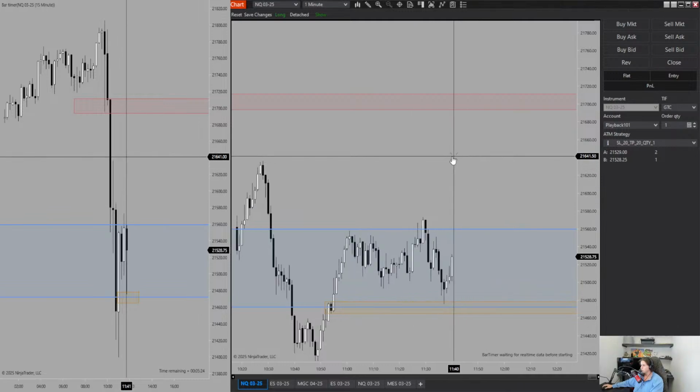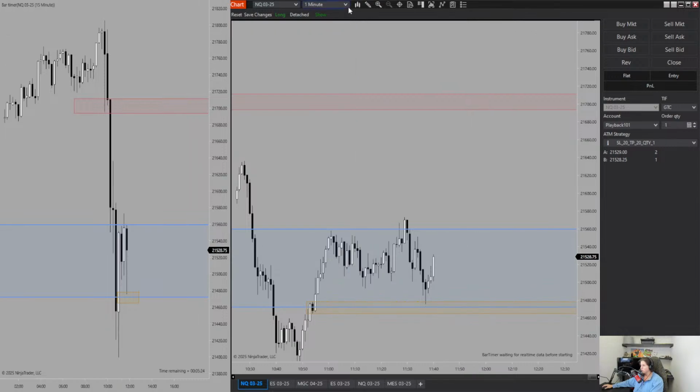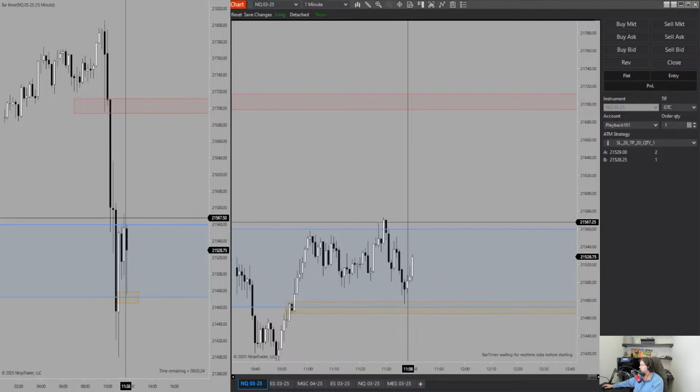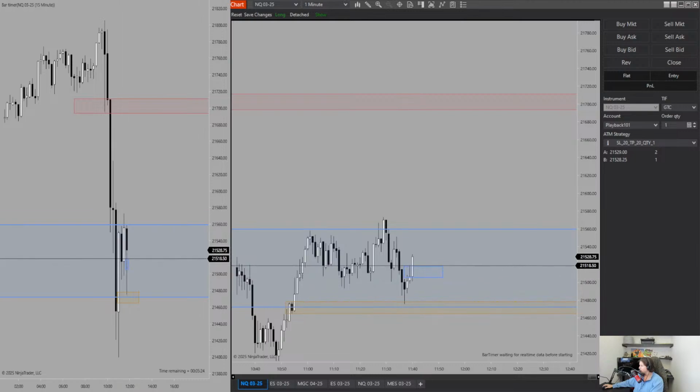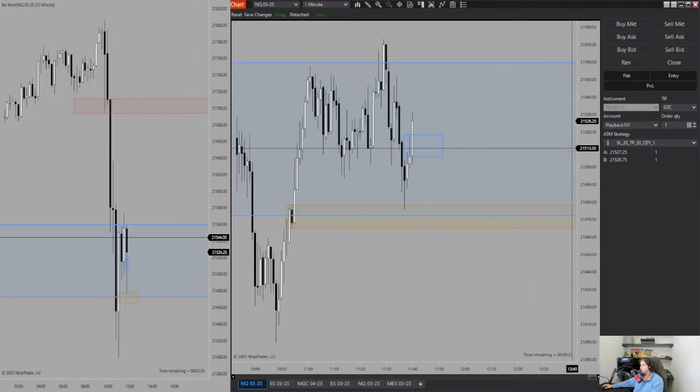We've got an order block standing here. So ideally trade in here. Let's let it go for a few seconds, see how it comes back. Would like a retracement.